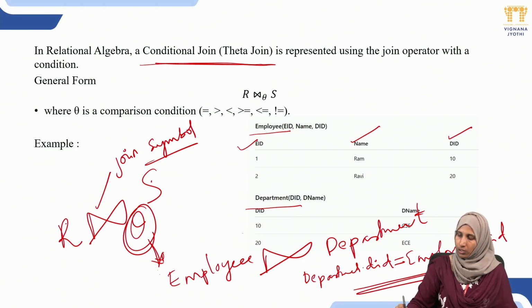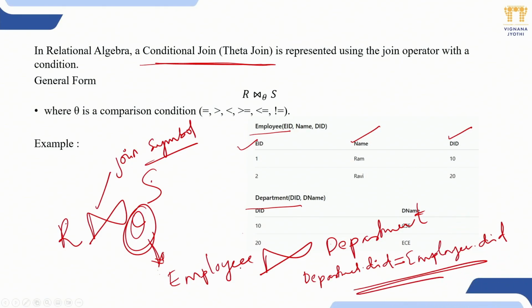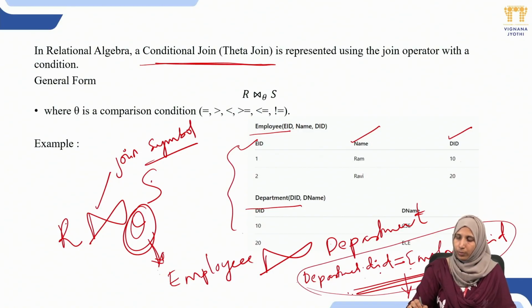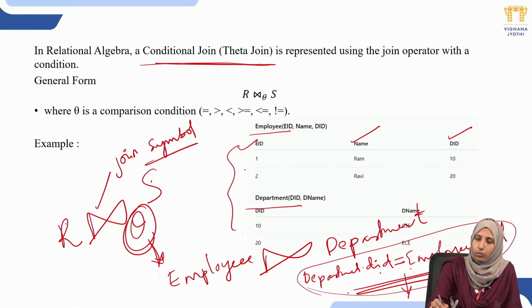What does this mean? You want to join these two tables based on this condition. The DID present in my department table must be equal to the DID present in my employee table. Only if this condition matches do I want to join these two tables. If I'm not applying any condition here, then it automatically works as a cross product, where the total number of rows will be 2 into 4, m into n. That will be my cross product.